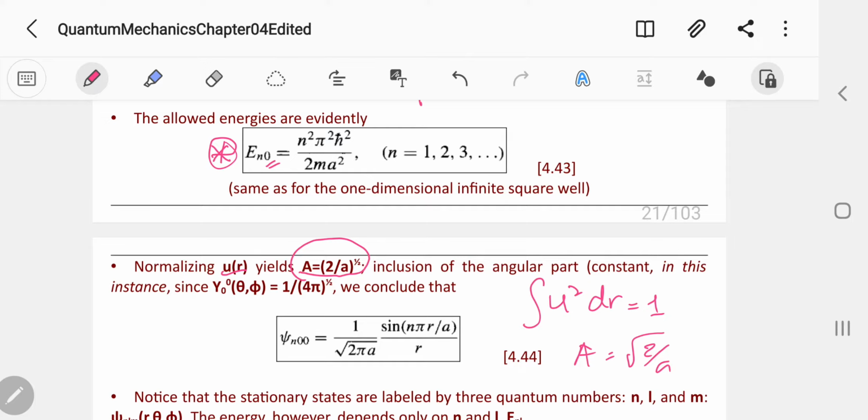So we have phi n 0 0, because your L is 0, and of course your M cannot have any value except 0. So your phi n 0 0 would be sine of n pi r over a, over r.